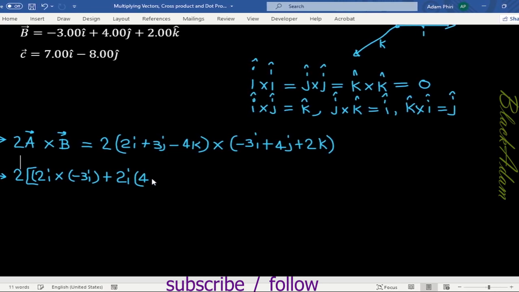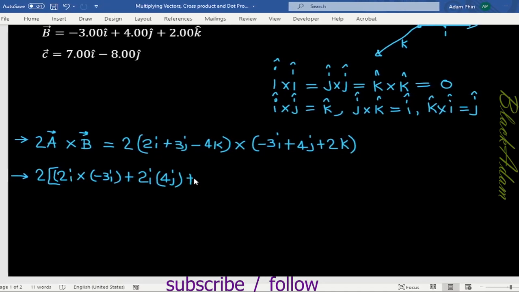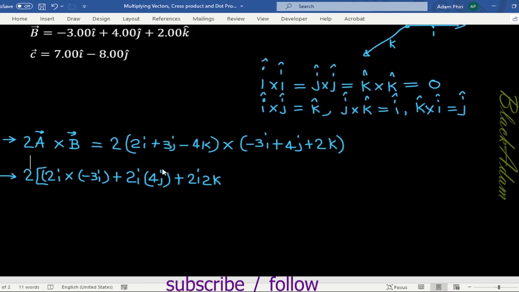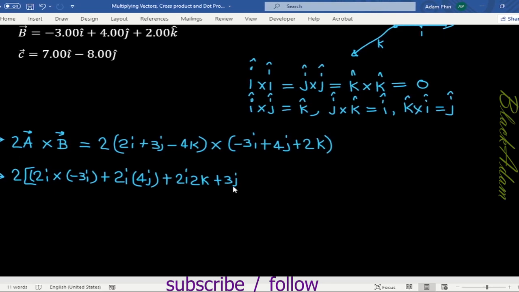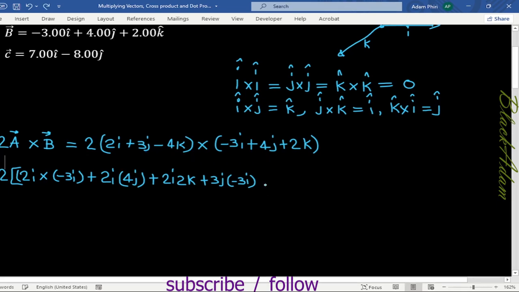So that's going to be 2i multiplied by 4j, and then we now have 2i multiplied by 2k, and then we're done with the first one. Then it's 3j multiplied by negative 3i, then 3j multiplied by 4j, and 3j multiplied by 2k.